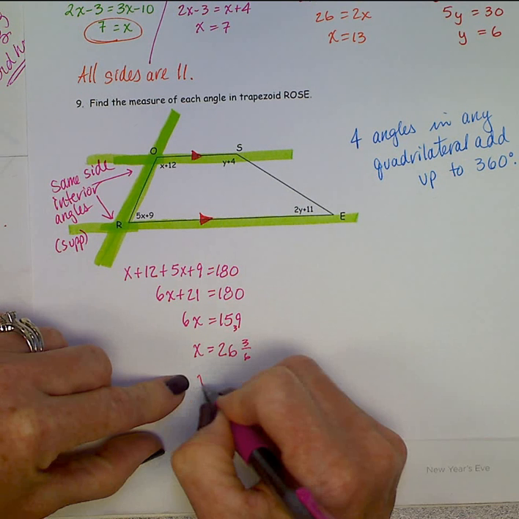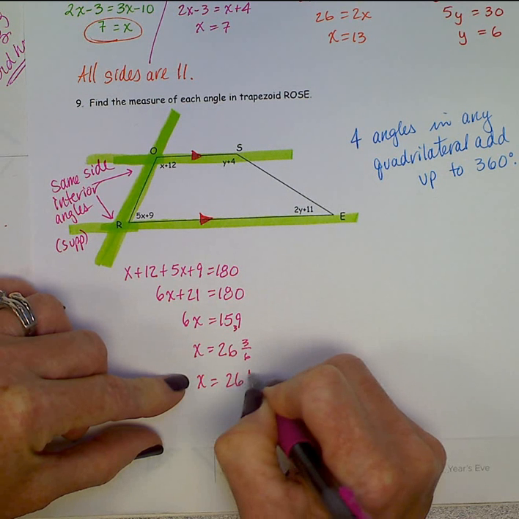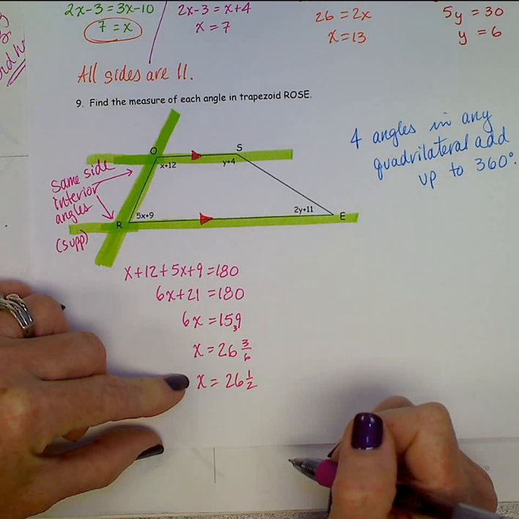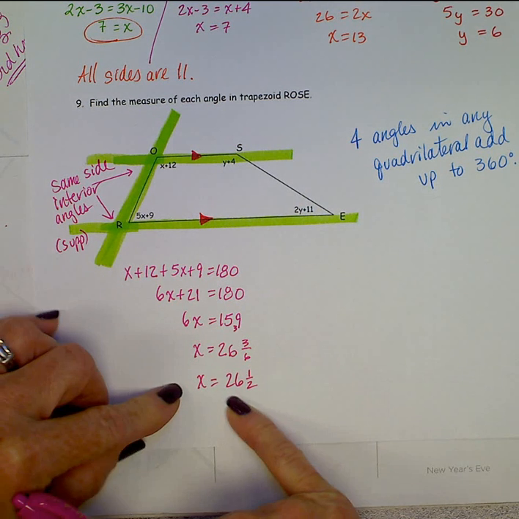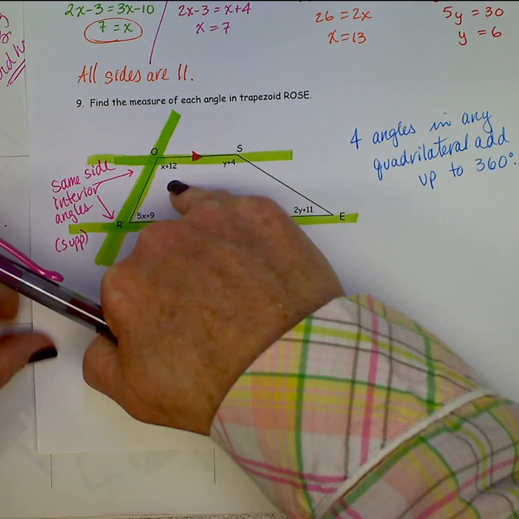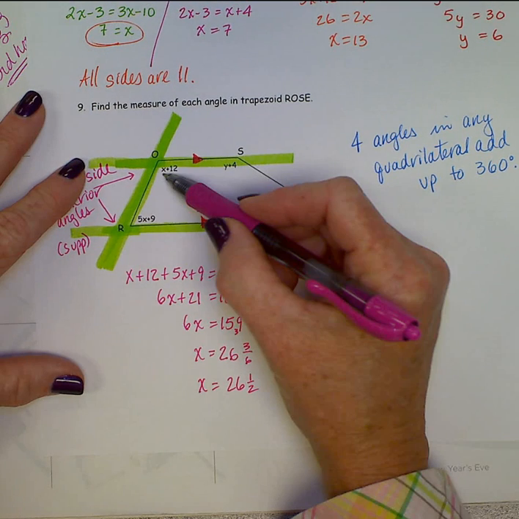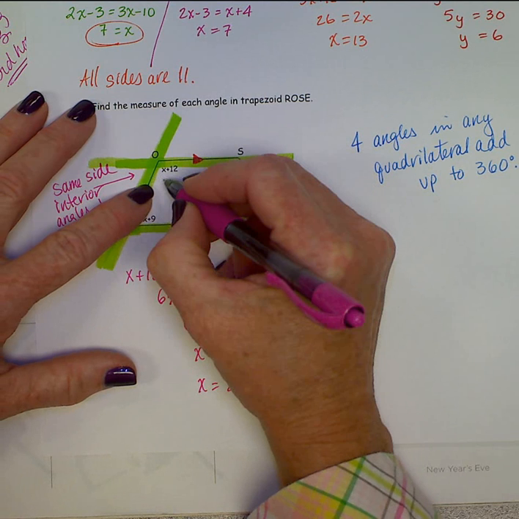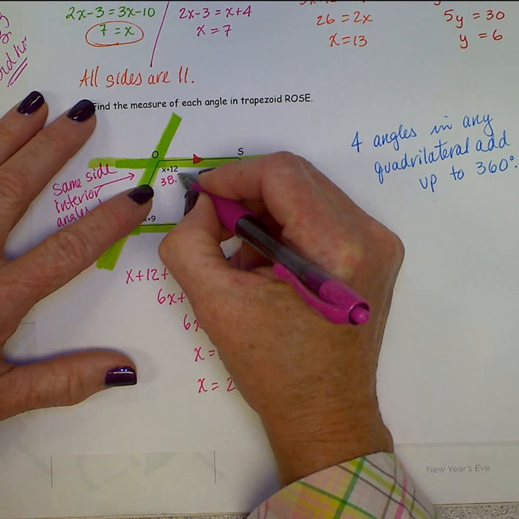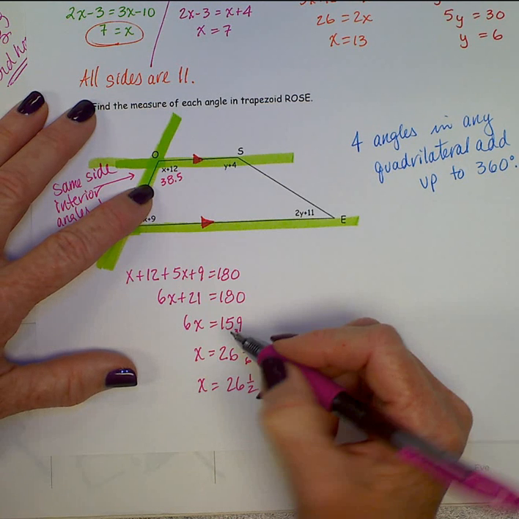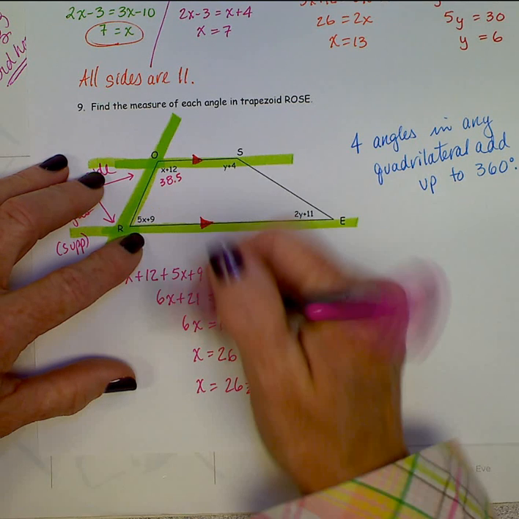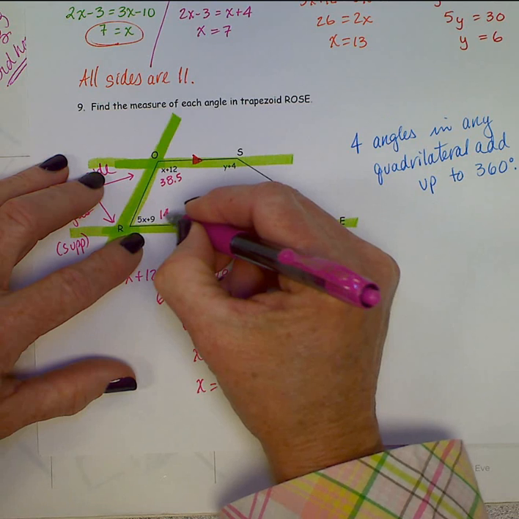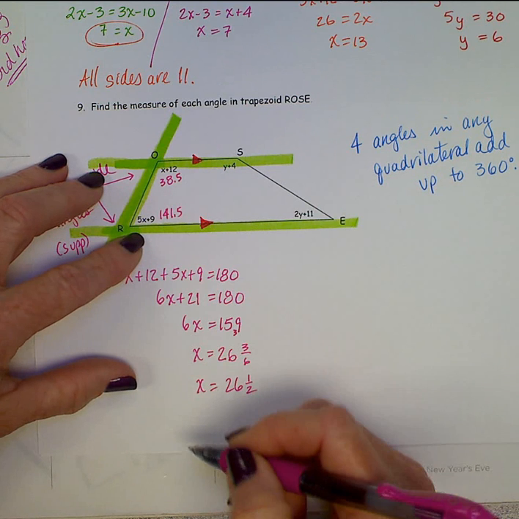So x is 26 1/2. All right, you're going to have to take that 26 and a half, and you have to substitute it back in. This one's easy. 26 and a half plus 12, that's 38 and a half. 5 times 26 and a half plus a 9, if you do that on a calculator, we'll get 141.5.